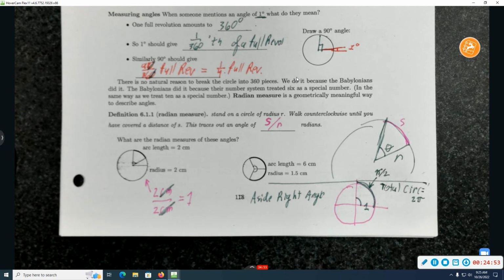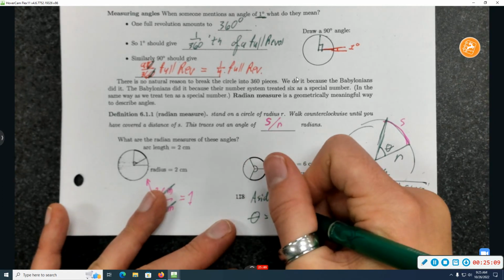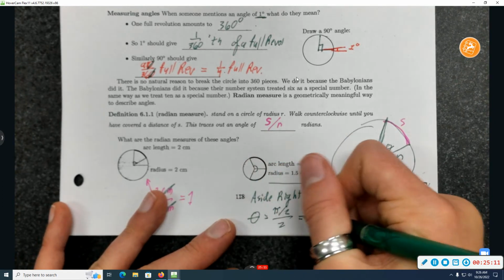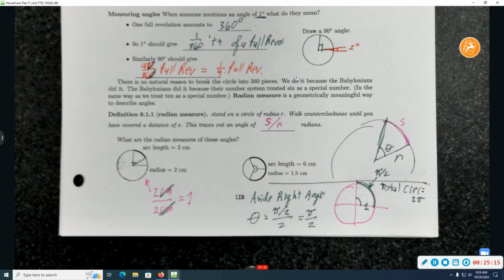Is that enough information to compute the radian measure of this angle? Yeah, I mean, that's it, right? It'll be pi over 2 divided by 1. So a right angle is an angle of measure pi over 2.